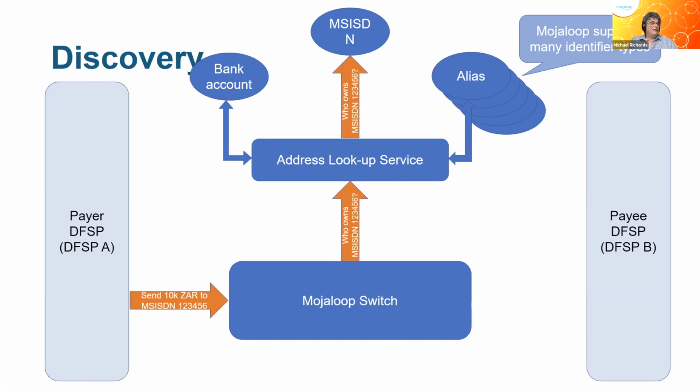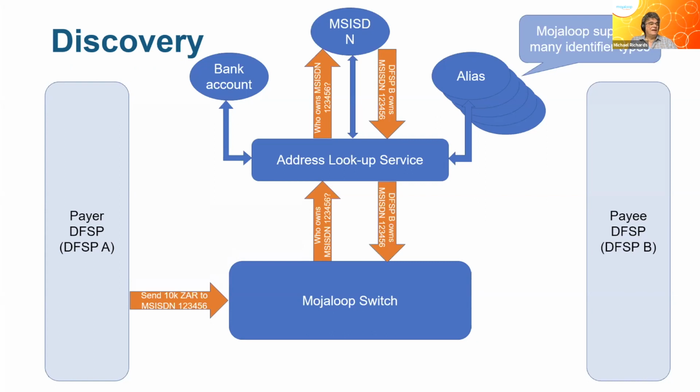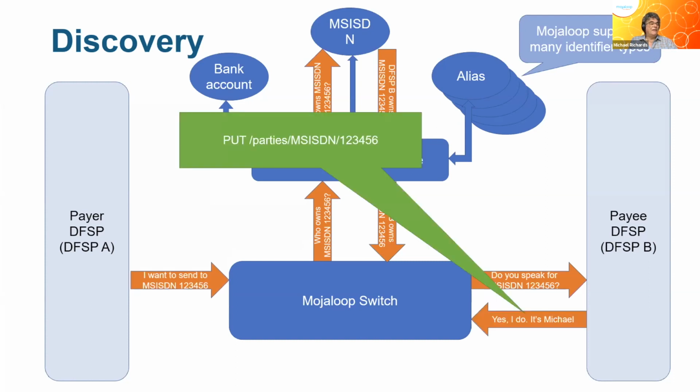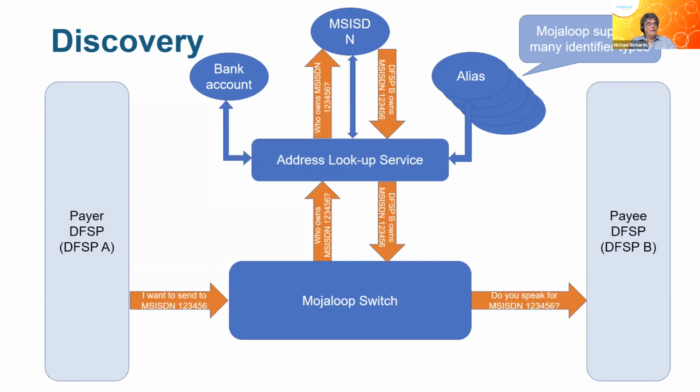However, if that's not the case, then the request will go across to the actual payee DFSP, and the payee DFSP will respond, for instance, with the full name of the person who owns that account, or some identifier that will enable the payer to say, yes, that is the person I intended to send to. Sorry.